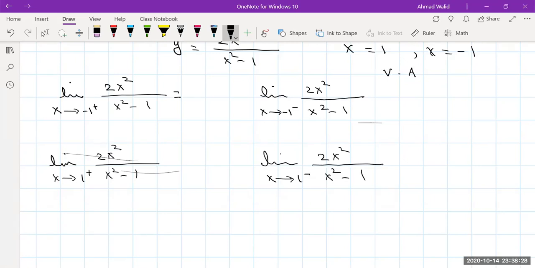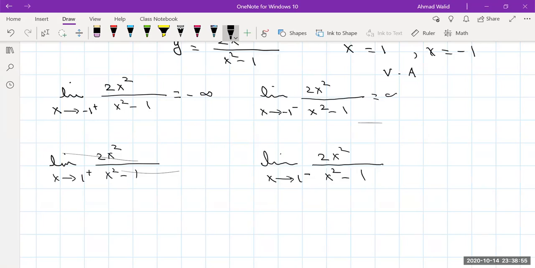For example, plug in here -0.5. You see here that your function goes to -infinity, and when you do this limit, actually all of you learned how to deal with it.